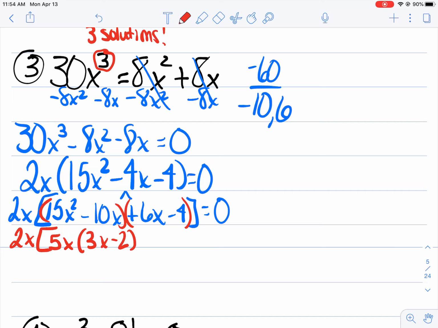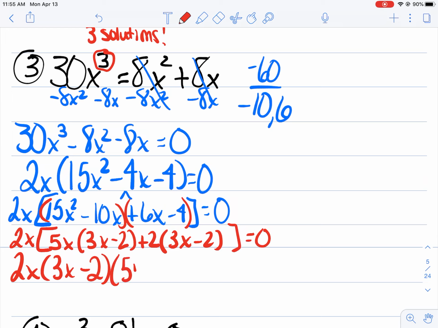Okay, in the second group, since the signs align, I'm just going to pull out a positive GCF, which is positive 2. And then factor the remaining 3x minus 2, like so, equals 0. The groups match, which is great. So then my final factorization is going to be 2x times 3x minus 2 times 5x plus 2 equals 0.